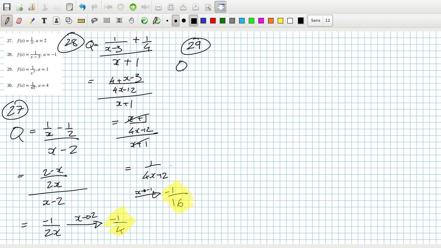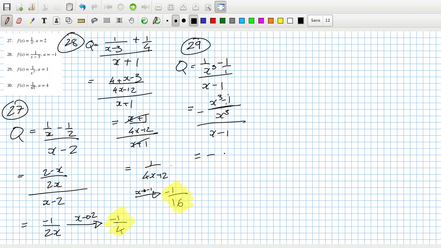29. 1 over x cubed minus 1 over x minus 1. That's going to be 1 minus x cubed over x cubed, over x minus 1. Well, you know what I'll do? I'll change this into x cubed minus 1 and just put a minus in the front.